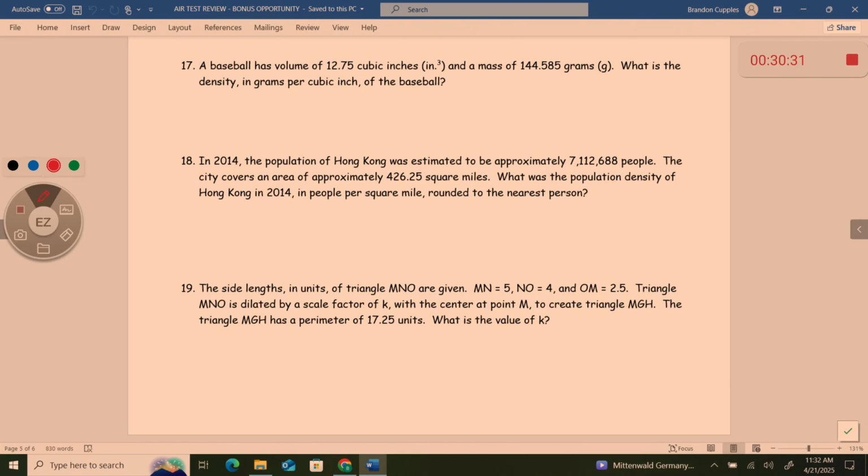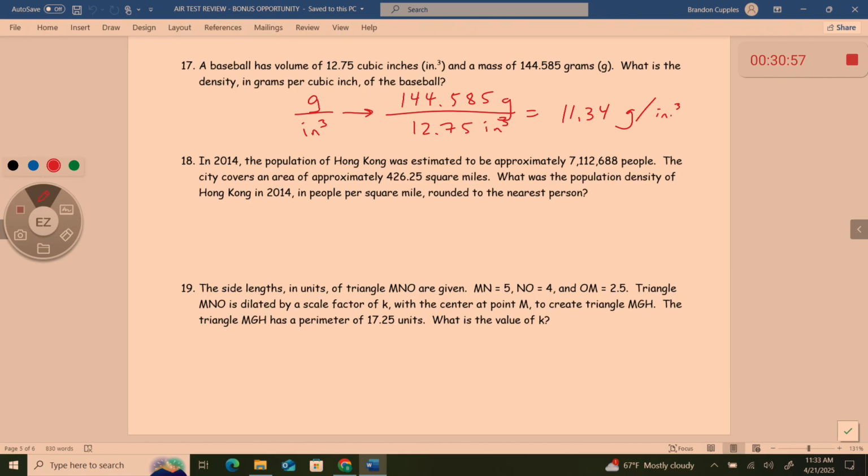When they give this to you, what they want you to do is take your grams and divide it by your number of cubic inches. If you do that, you get 11.34 grams per cubic inch. Okay, simple problem, don't get that wrong.